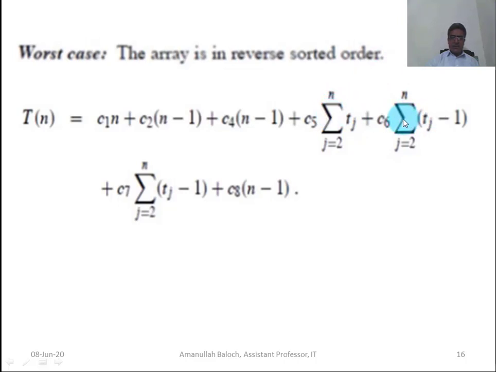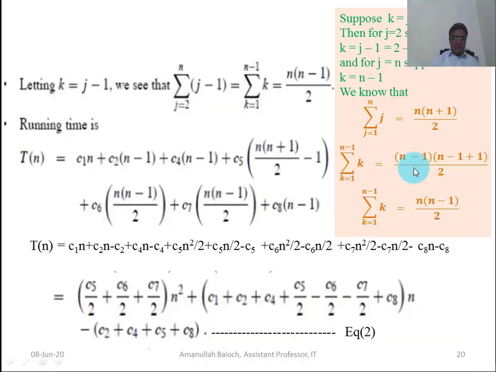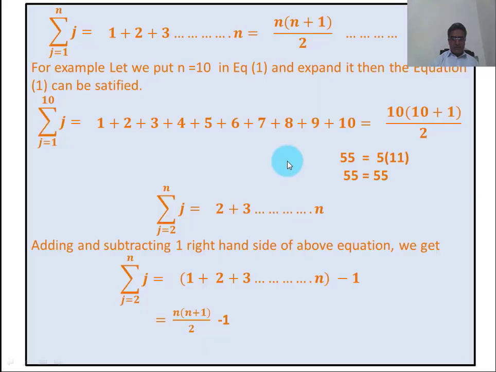This summation will also be substituted with the general form, in n form. So it will become c1 n plus c2 n minus 1 plus c4 n minus 1 plus c5. Here we have put the summation result calculated here.